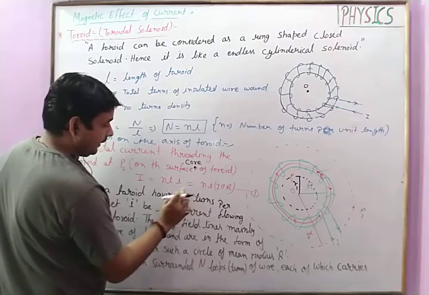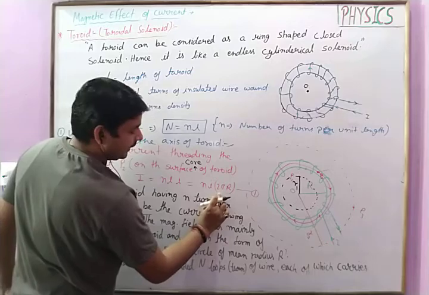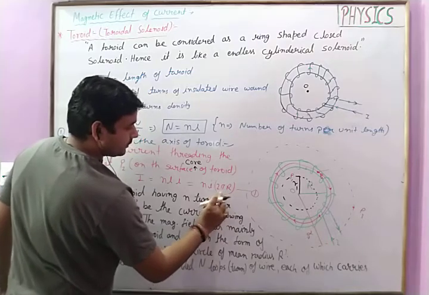So n i, and L is the circumference of the cylindrical solenoid or toroid, which is 2 pi r.